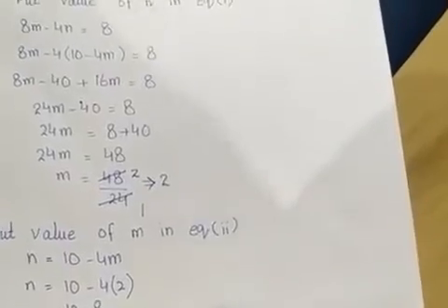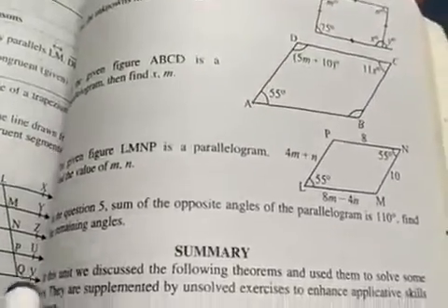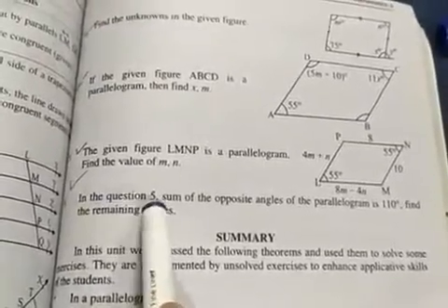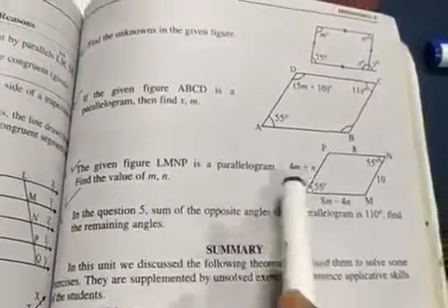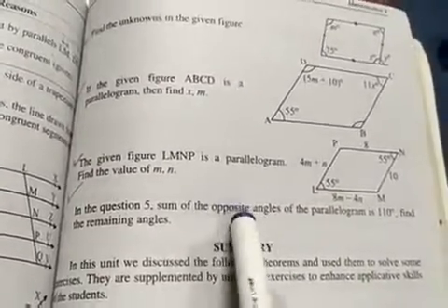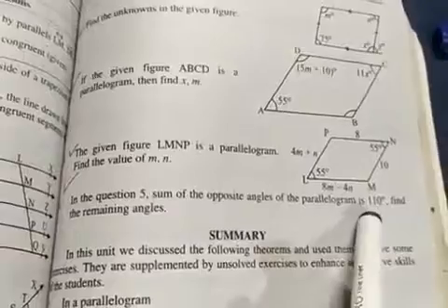So move to question number 6. Now, question number 6 is in the question number 5. Here is the question number 5 and the diagram of question number 5. Sum of opposite angles of parallelogram is 110.